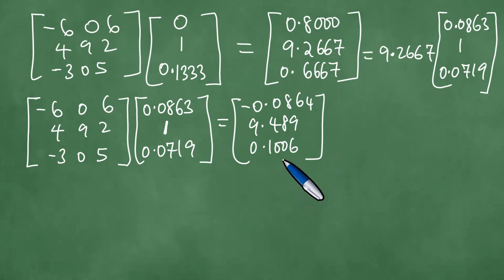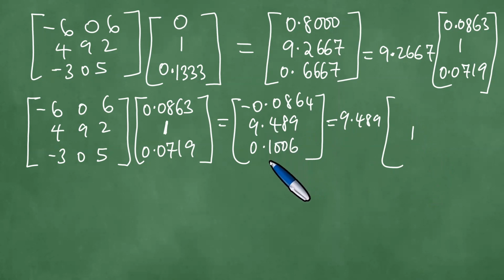And then now you're going to pull out the biggest one. So that is 9.489. And then now here it's going to be 1. And then here now you want to divide these by that.